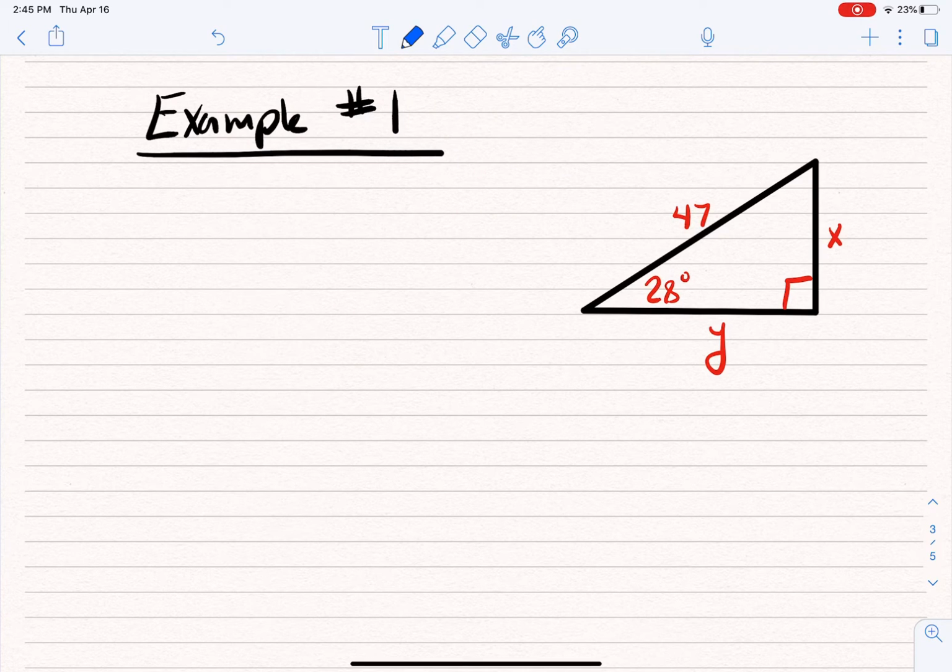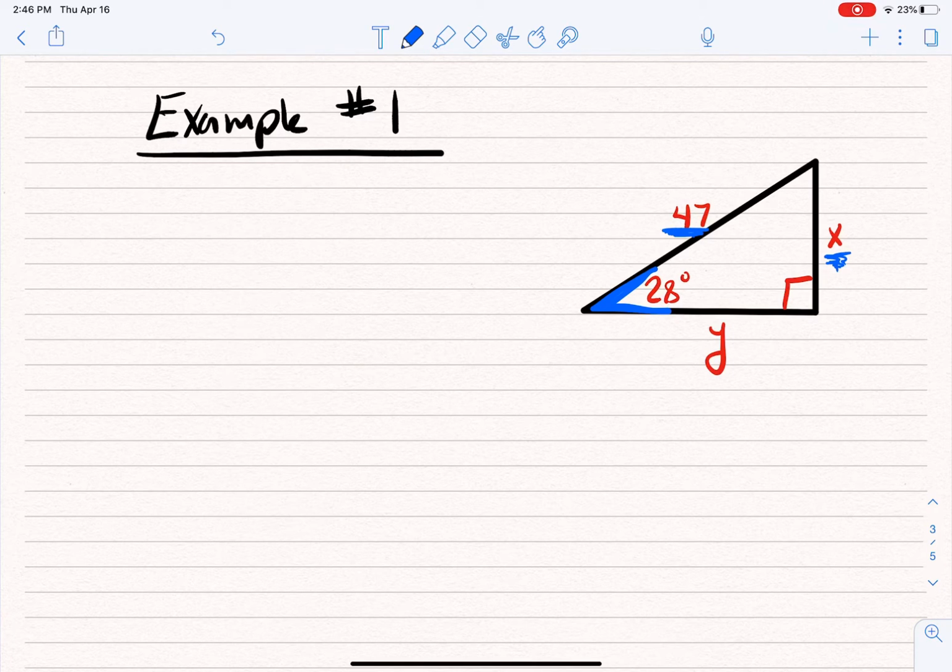I would simply type in, first I got to set up some kind of equation and think, well, I'm looking from the 28 degrees standpoint. I'm looking from that perspective right here. Okay. And I got to go, well, what do I know about x? X is opposite of the 28 degrees. So I've got to have a trig function that involves opposite. Also, I know this side, which is the hypotenuse.